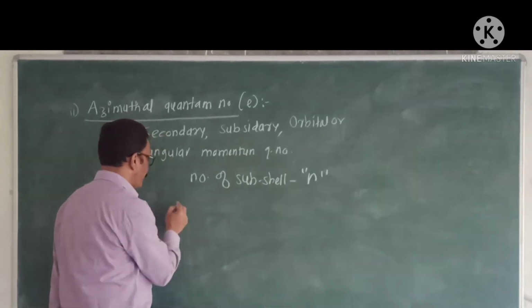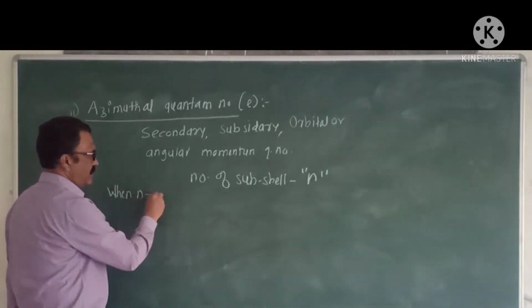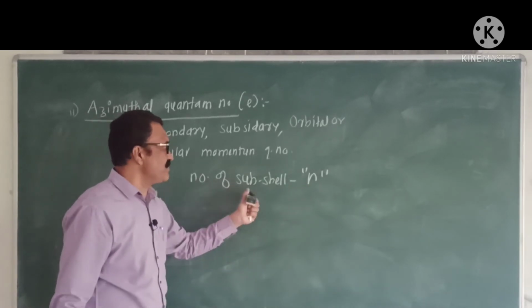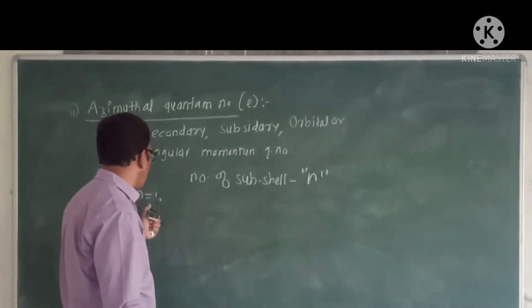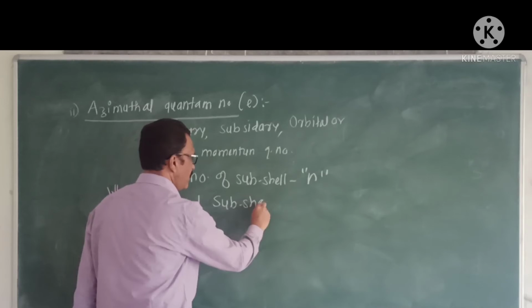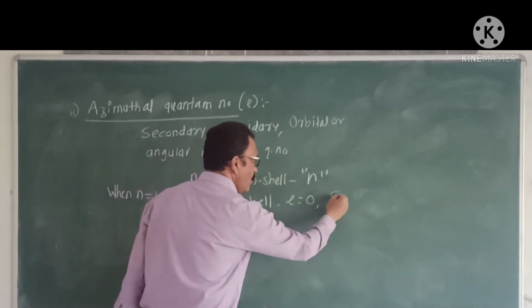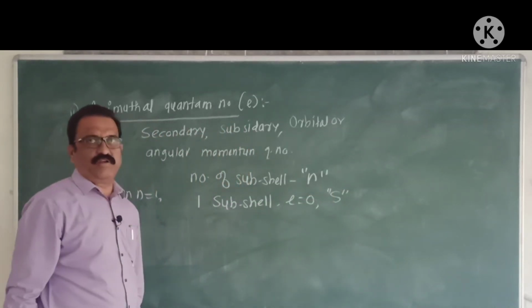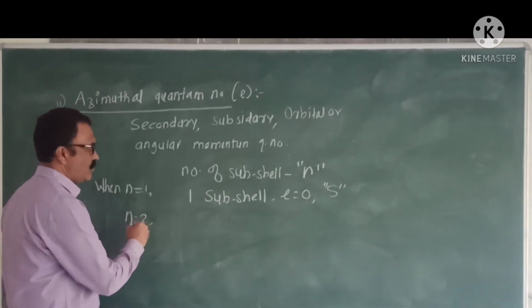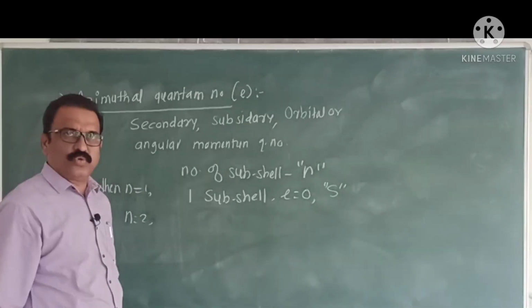When n is equal to 1, it has only one subshell, that is l is equal to 0, and it contains only s orbital.